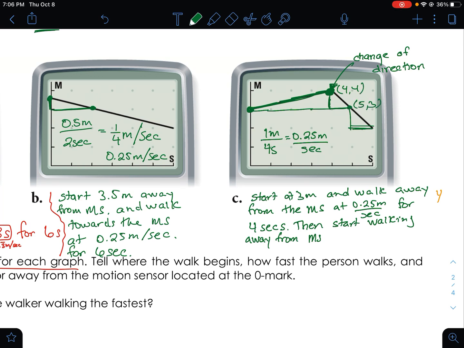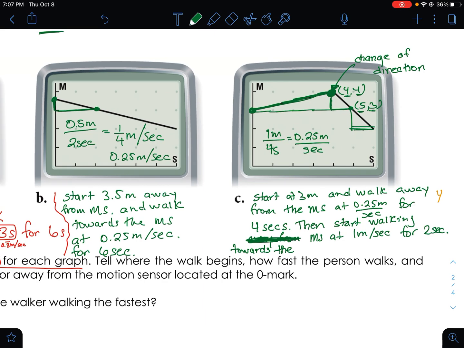So over the course of 1 second, our x value, the distance, changed by 1 meter. So we're walking away from, or walking, my fault, then start walking towards, because the graph is going downhill. So start walking towards the motion sensor at 1 meter per second for a total of 2 seconds.